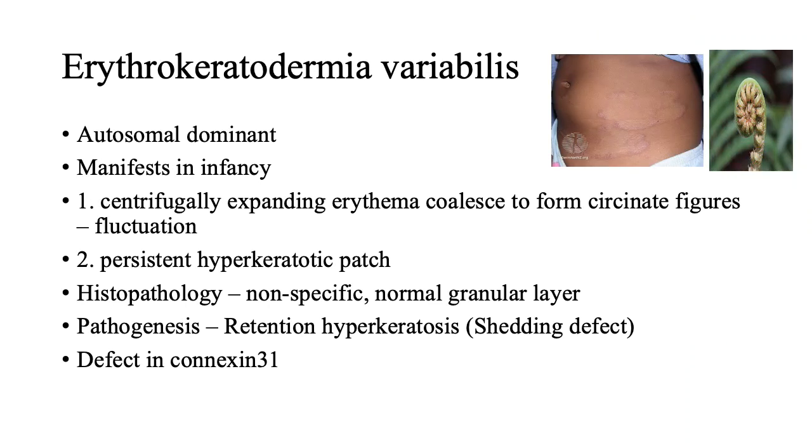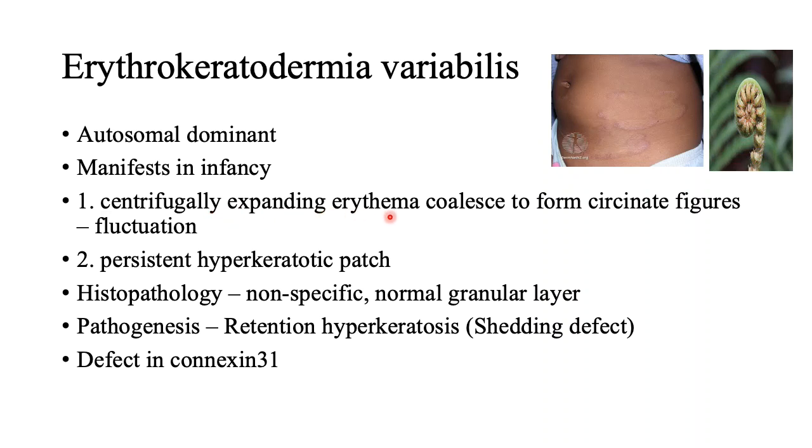The next minor variant of ichthyosis is erythrokeratodermia variabilis. This is an autosomal dominant condition, which develops in infancy. The babies show two main clinical findings. One is erythema which expands centrifugally and coalesces to form figures with the apex at the center, like the leaf of a fern. And these are the erythematous patches.